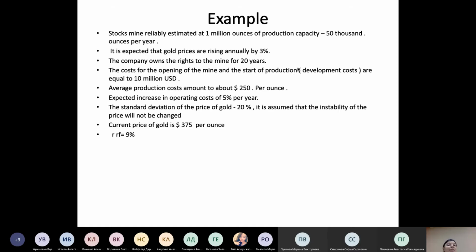What difficulties could you determine in this task? And the second question: what about the real option? Could we find a real option in this task? Could you determine a real option in this task?